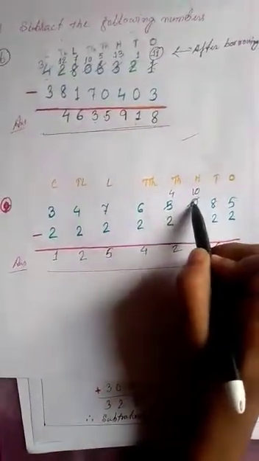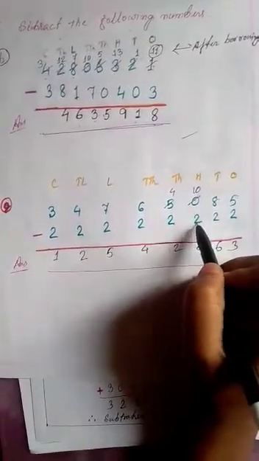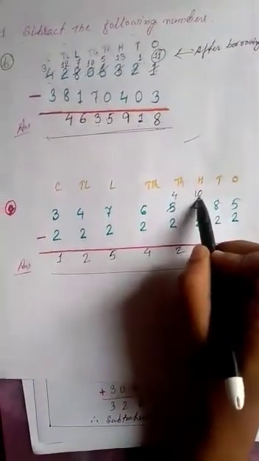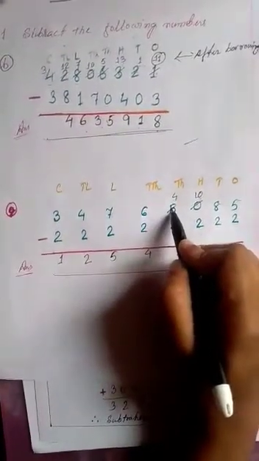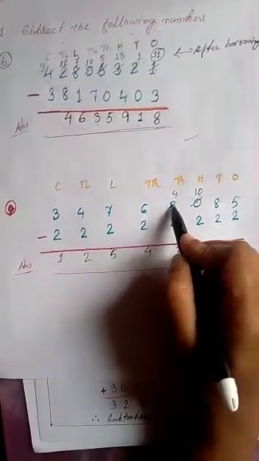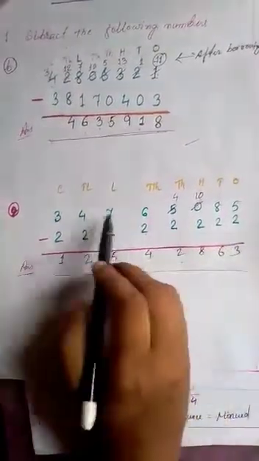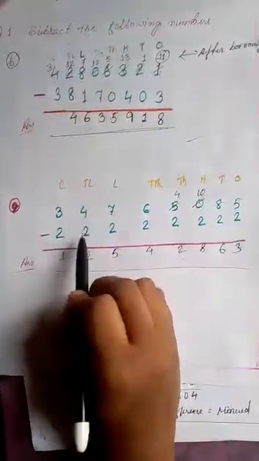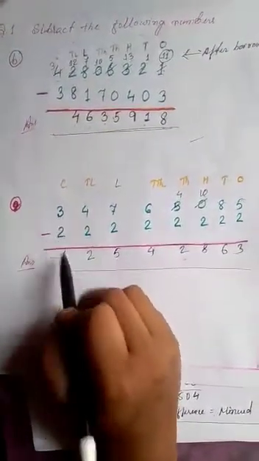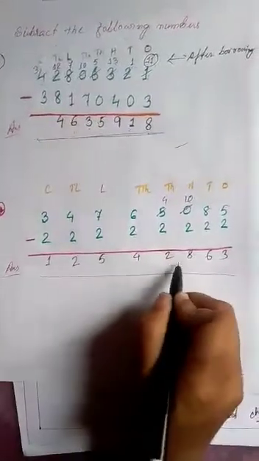But 0 we cannot subtract from 2, so we have to take 1, that means 10. 10 minus 2 is 8. And here 5 has become, sorry, 4. So 4 minus 2 is 2. And 6 minus 2 is 4. And there 7 minus 2 is 5. Now it is 4 minus 2, 2. And 3 minus 2, 1. So this is our result.